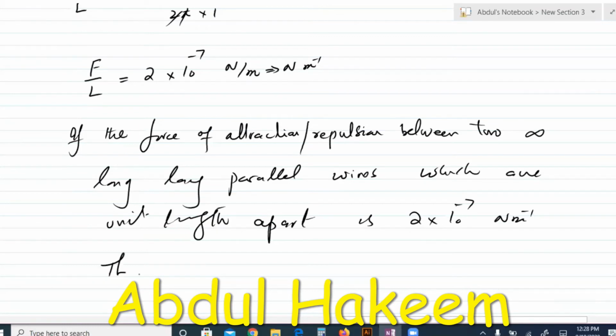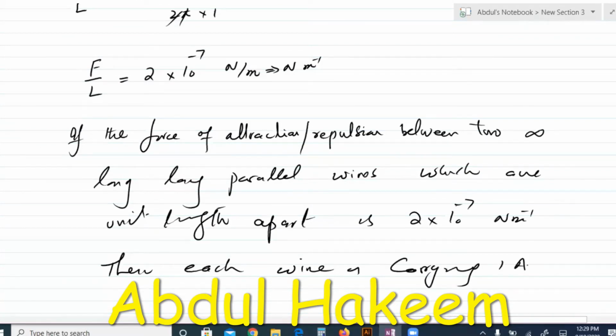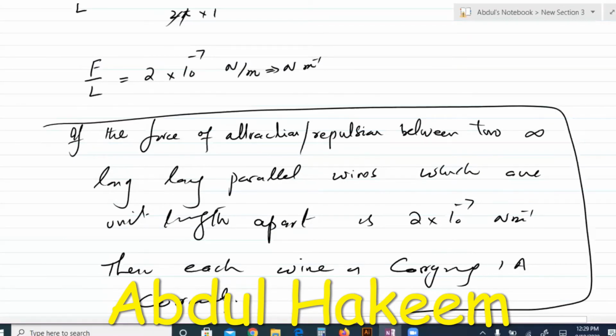then each wire is carrying 1 ampere electric current. And this is the definition of 1 ampere.